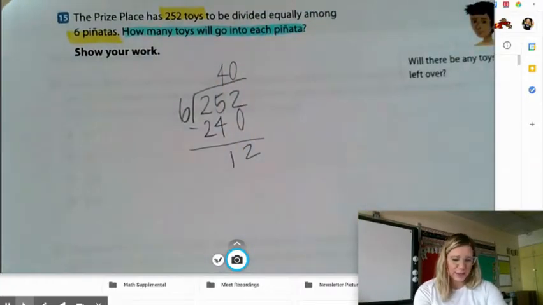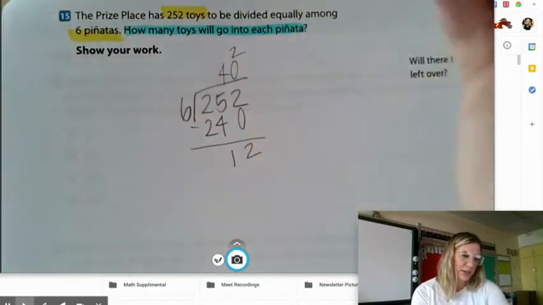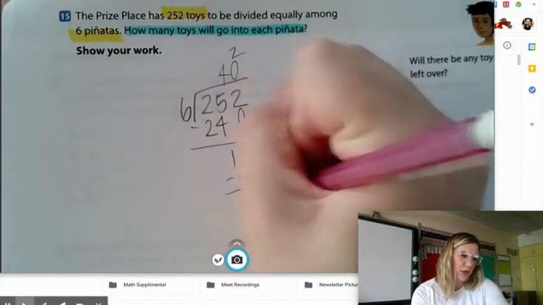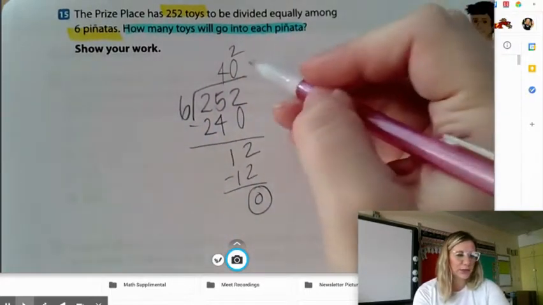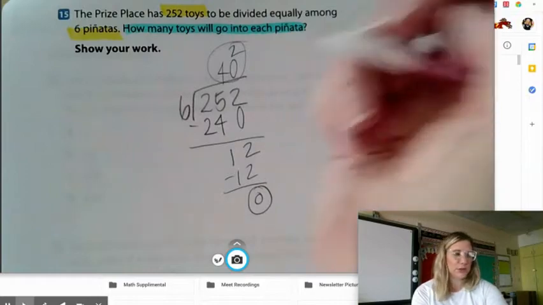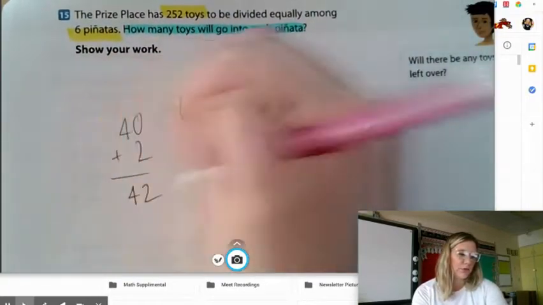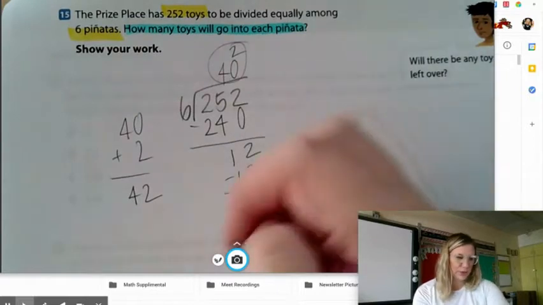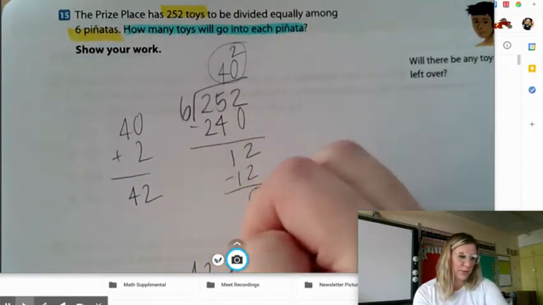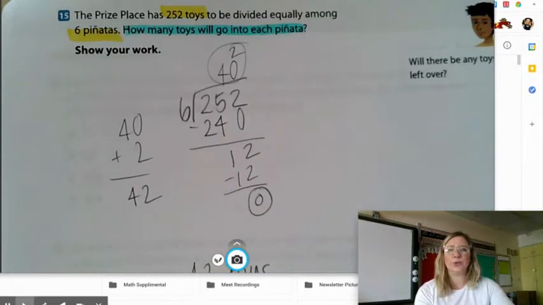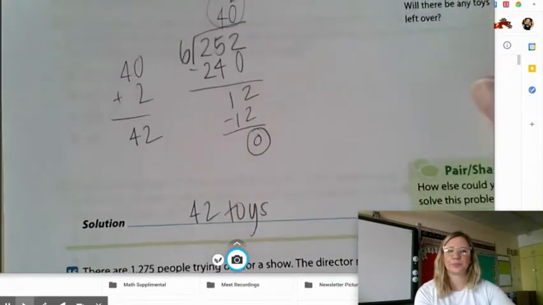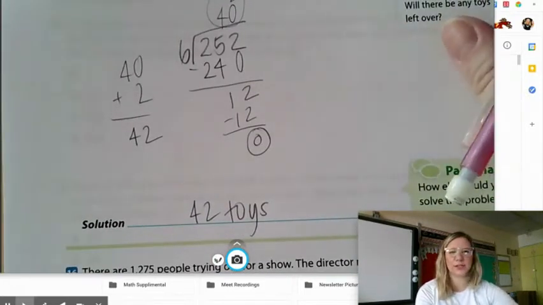Then I'm left with a basic fact I know: 6 times 2 is 12, which gives me a remainder of 0. My last step is to add up my 40 plus 2, which gives 42, and there's no remainder. So each piñata is going to get 42 toys. Don't forget that Think Pair Share is there too.